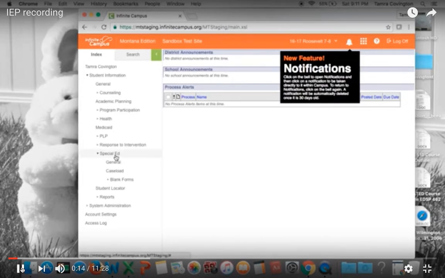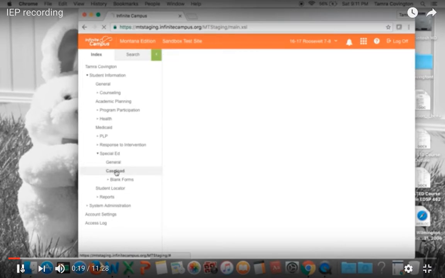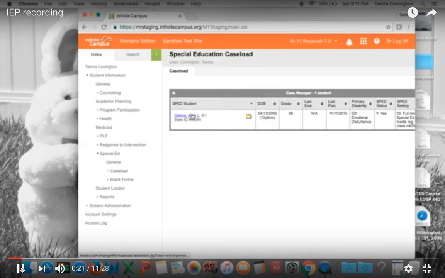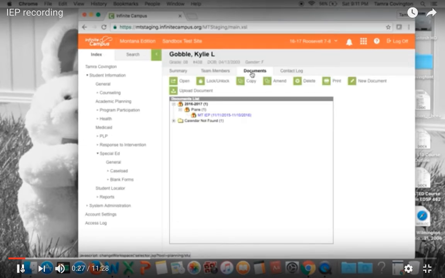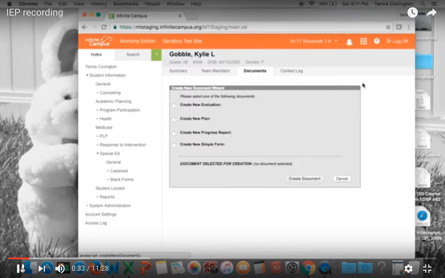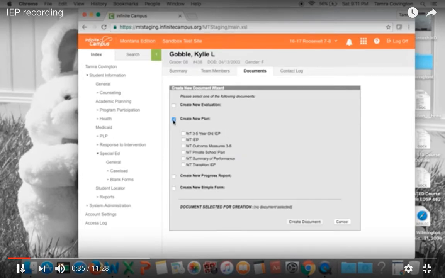And then you can see that we need to go into our special education caseload tab like we did the last time. And we're going to go in and create a new document for the Montana IEP, not the transition IEP.